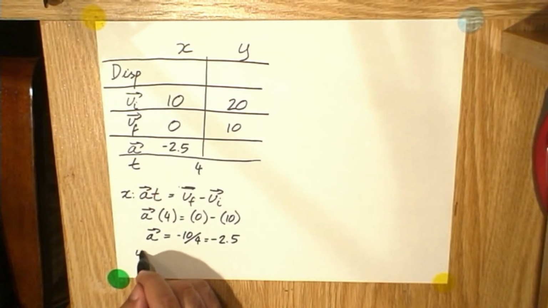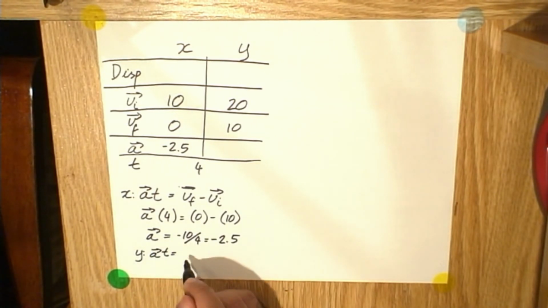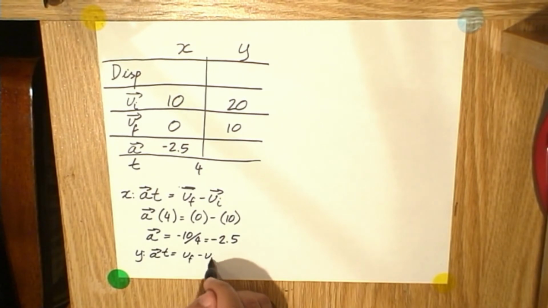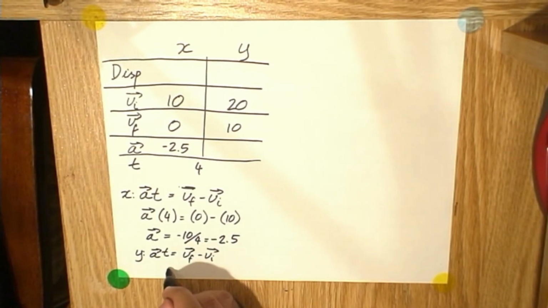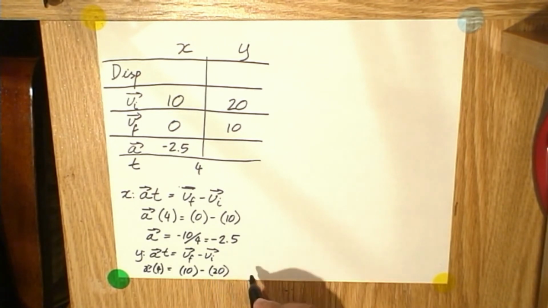What about in the y direction? In the y direction, you use the same equation, at is equal to v final minus v initial. So again, acceleration, unknown, time, 4, v final is 10, minus v initial is 20. 10 minus 20 is going to give us negative 10.